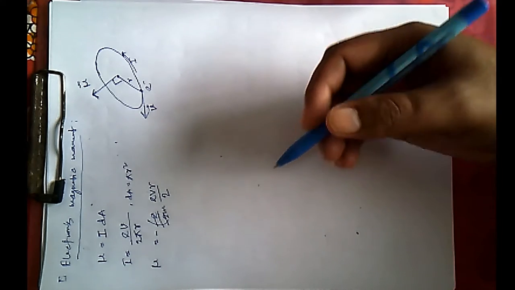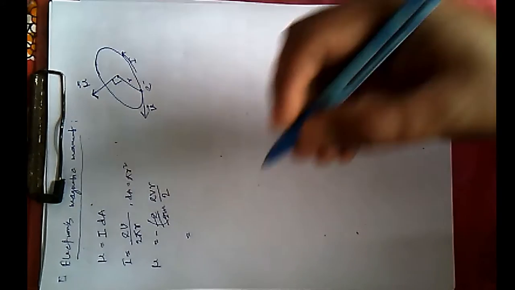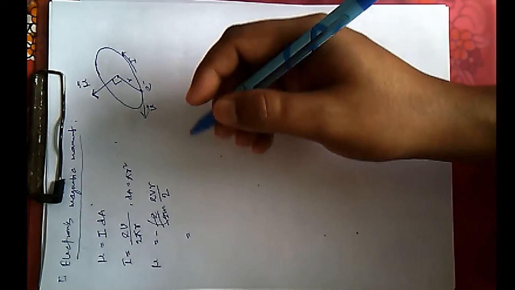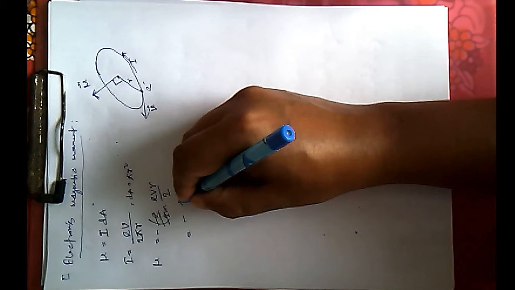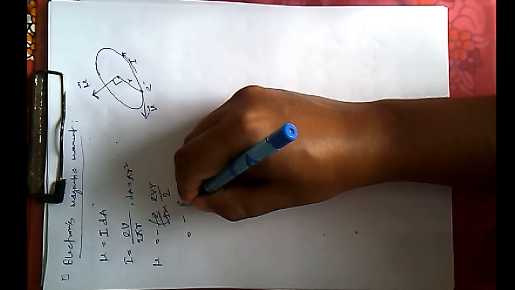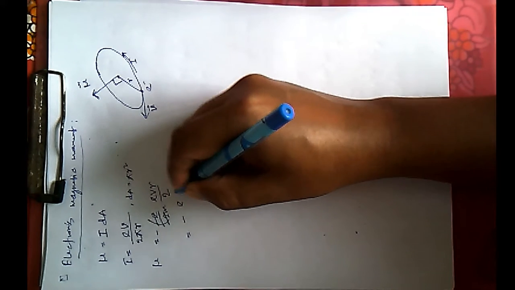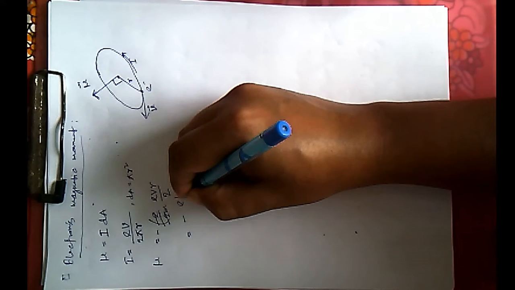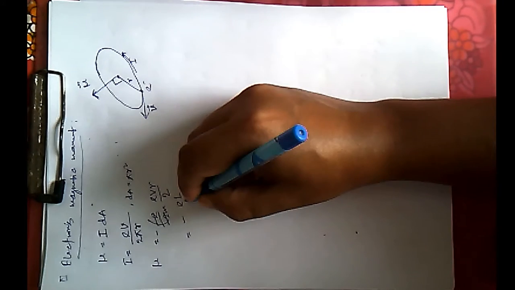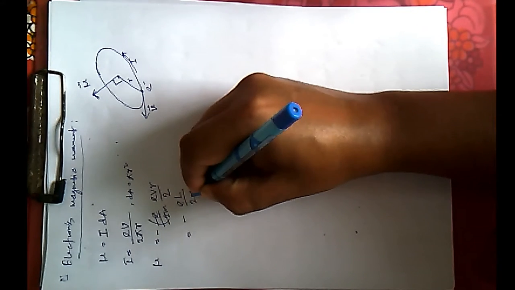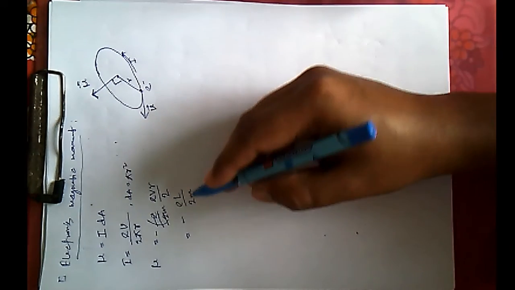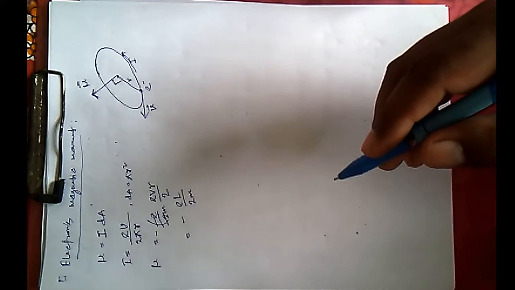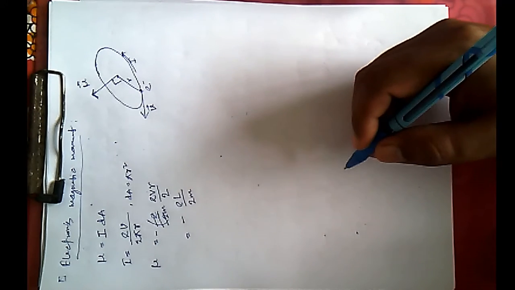Now you know that we define angular momentum as L equals r cross v times m. Since we are just concentrating on the magnitude, we can write m v r. You know m v r is the angular momentum, so I have just replaced it.